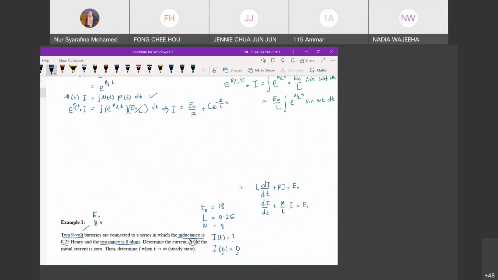So just substitute everything. We have dI/dt, R is 8, L is 0.25, and E naught is 18. From here, identify your P, identify your Q, then the integrating factor, and solve the equation. Try it. If you have a question, you can ask.